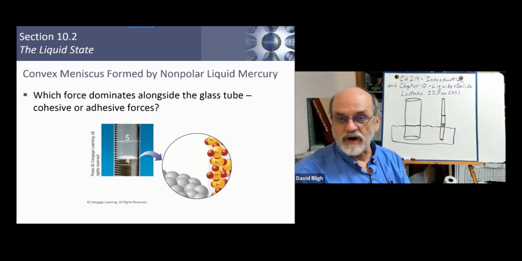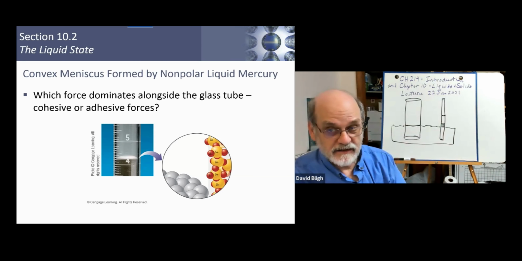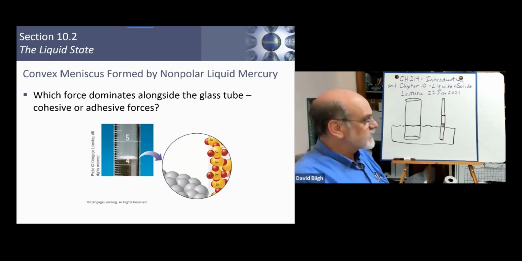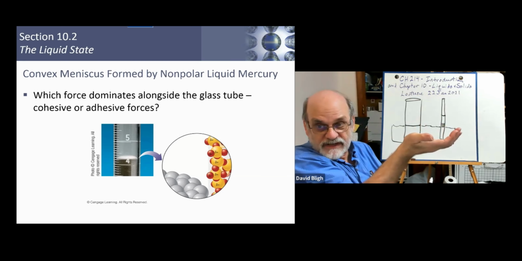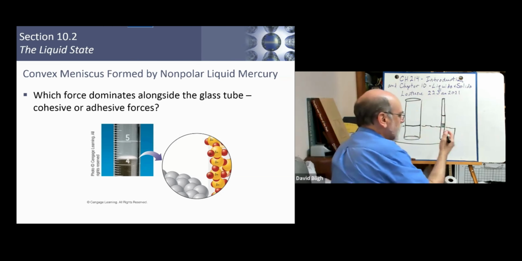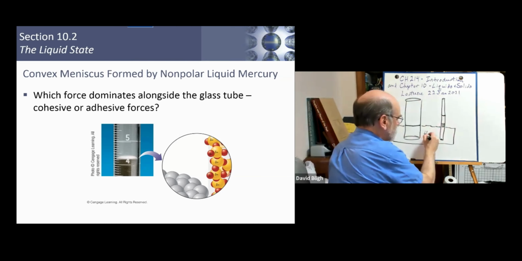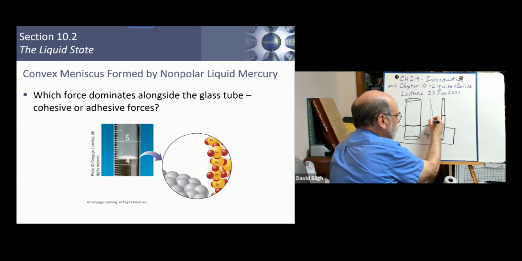Now, in the case where the cohesive forces are stronger than the adhesive forces, instead of getting a concave meniscus, you get a convex meniscus. So in the case where you have mercury and you have a tube, the mercury, however high it may go, will be like this.